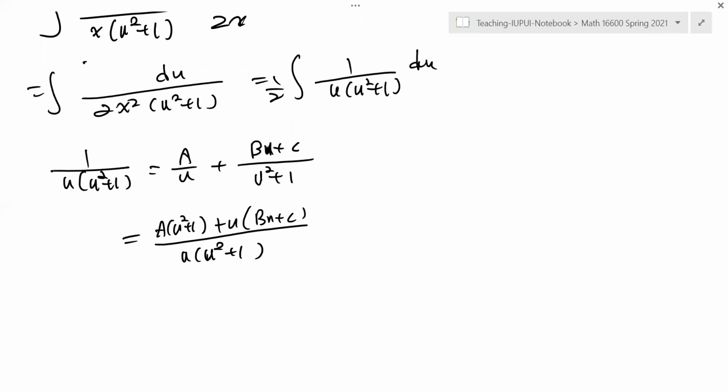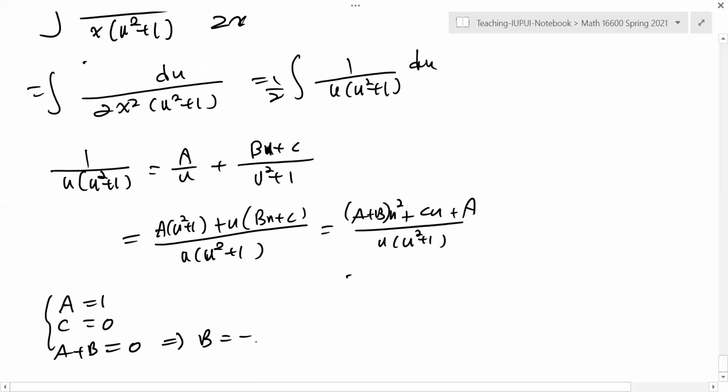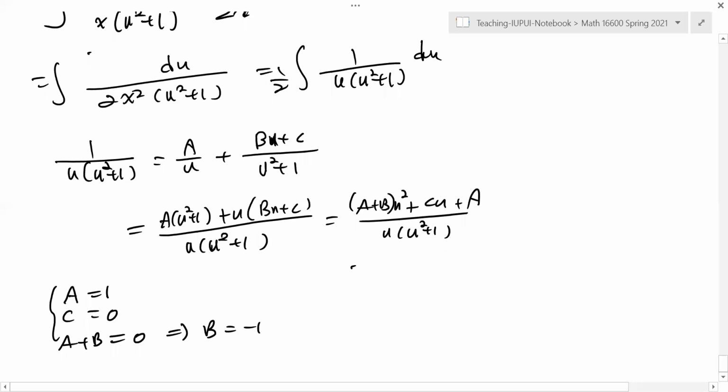I think u squared, yeah, this is going to be A plus B u squared, right? And then you have a Cu, right? And then you have A, the last term. What do you have to have? A must be equal to 1, C should be 0, A plus B should be equal to 0. So that means B equals -1. So it determines the coefficients very quickly.